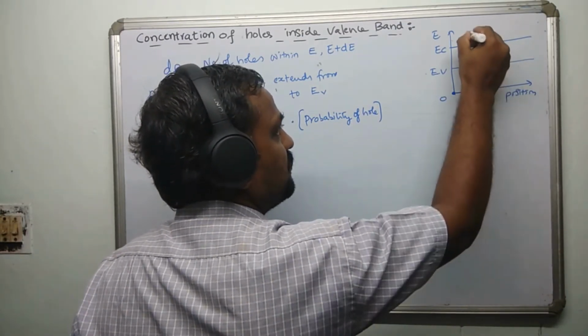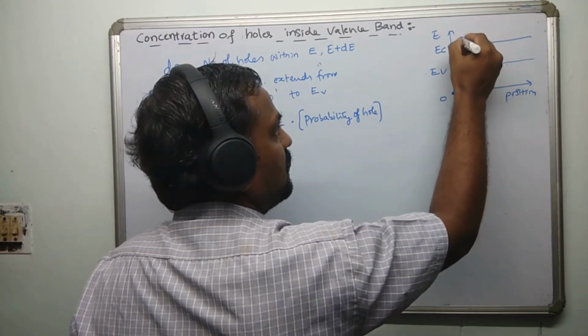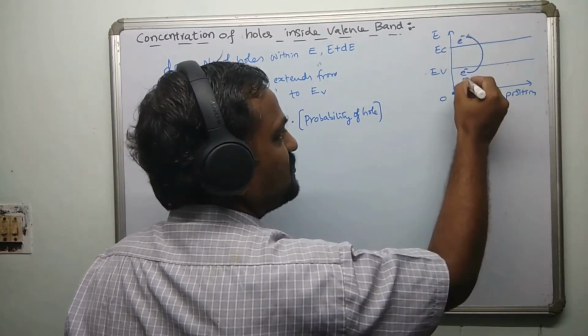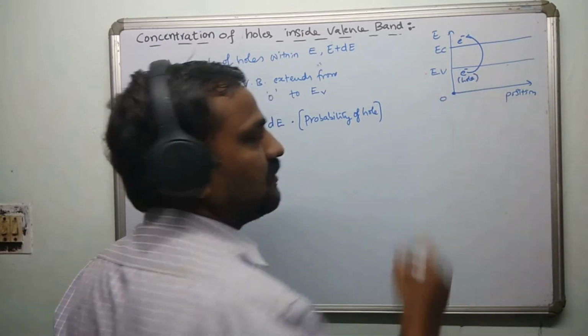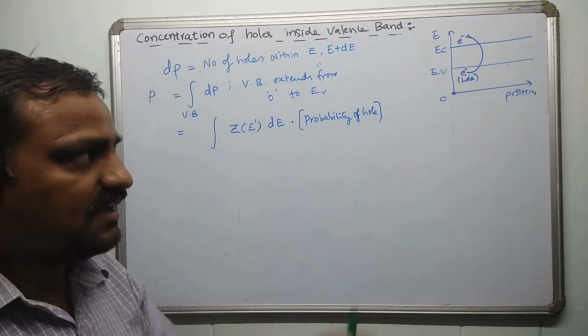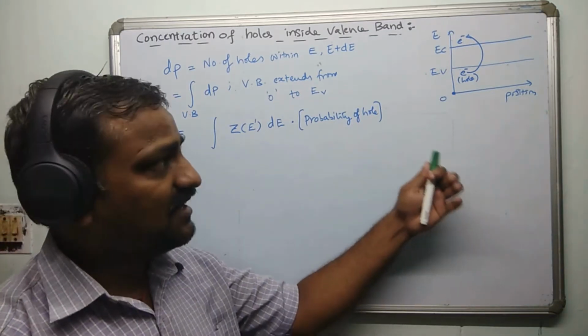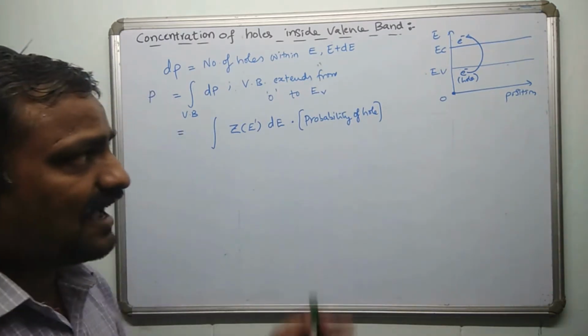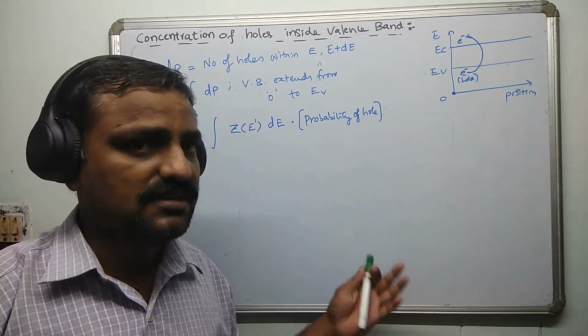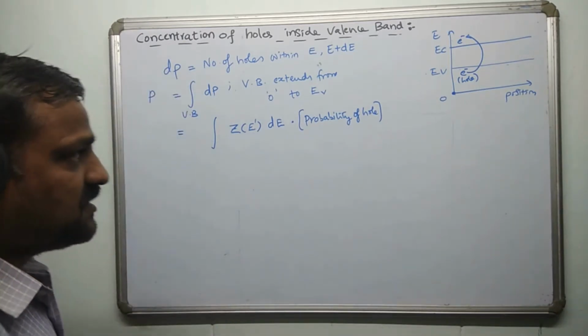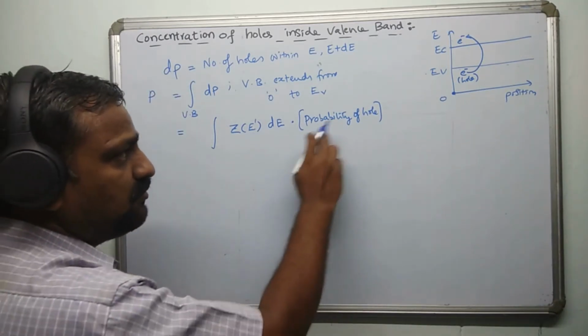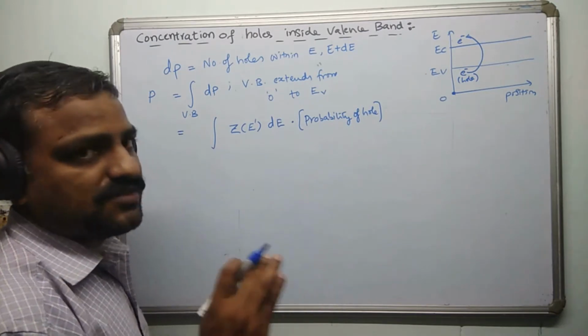If it takes a jump to the conduction band, it leaves a hole, right? So whenever an electron stays there, it can't produce any hole, but whenever the electron leaves that site, it is going to create a hole. So the absence of an electron is what you call the presence of a hole. The probability of a hole is nothing but the absence of an electron.